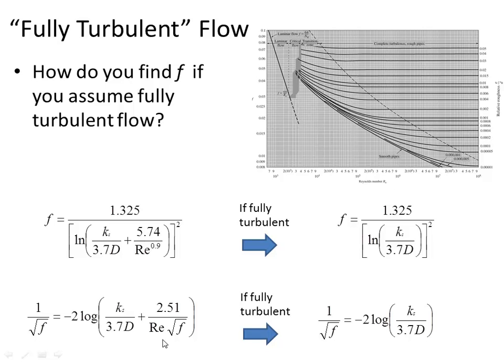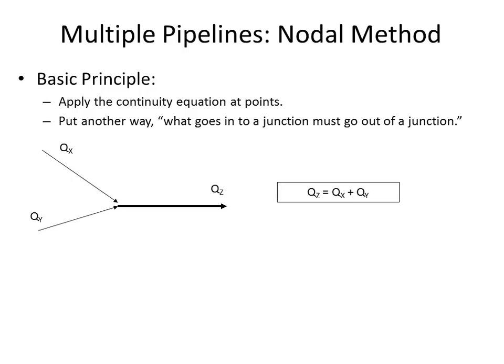And if the F value was the same when you did account for the Reynolds number as when you didn't account for the Reynolds number, then it's fully turbulent. The Reynolds number is big enough to become insignificant. We're going to use that assumption when we kick off the process to solve the multiple pipelines problem.